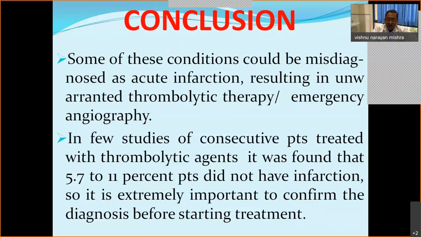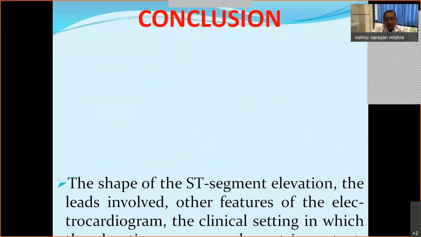In a few studies of consecutive patients treated with thrombolytic agents, it was found that nearly 6 to 11% of patients did not have infarction and they were about to be primarily intervened. So it is extremely important to confirm the diagnosis before starting the treatment.